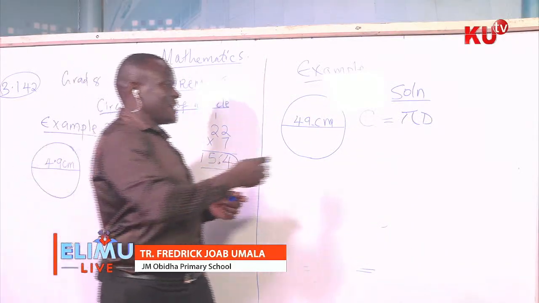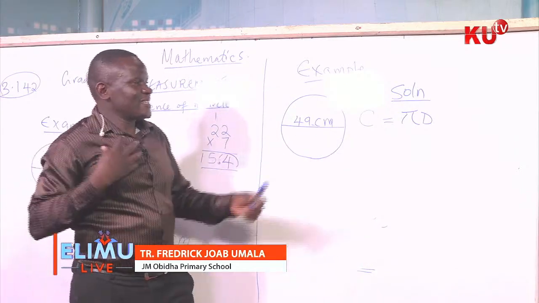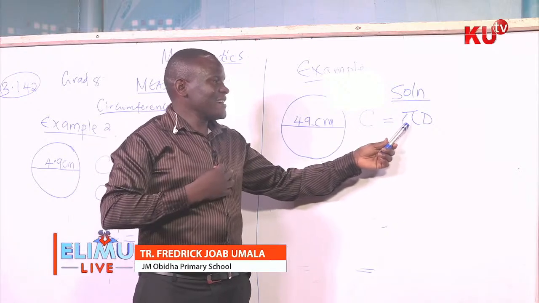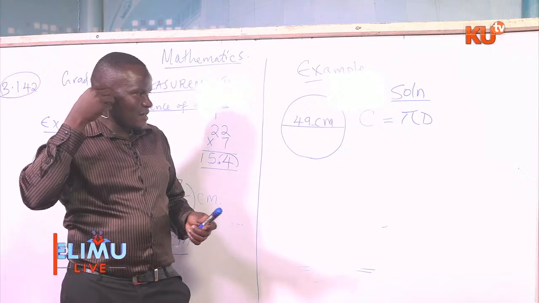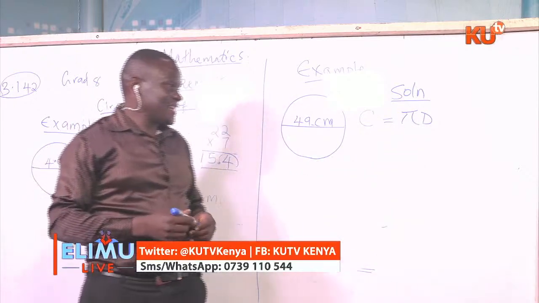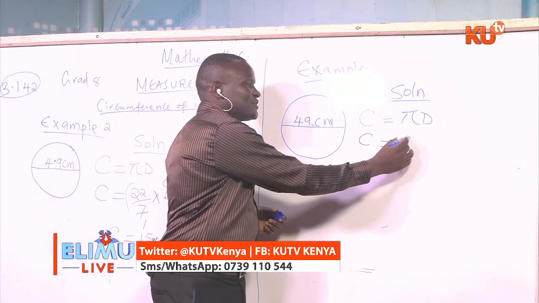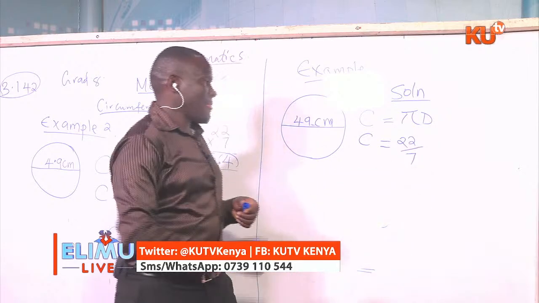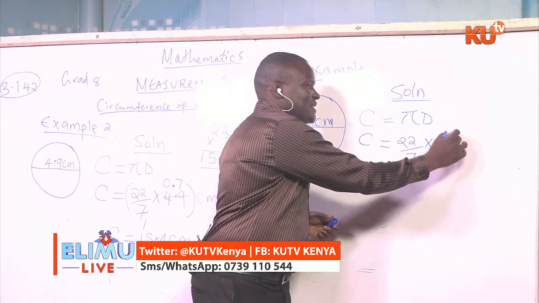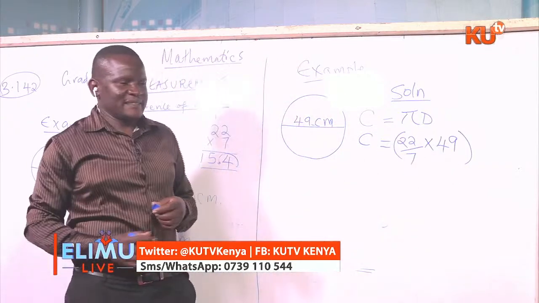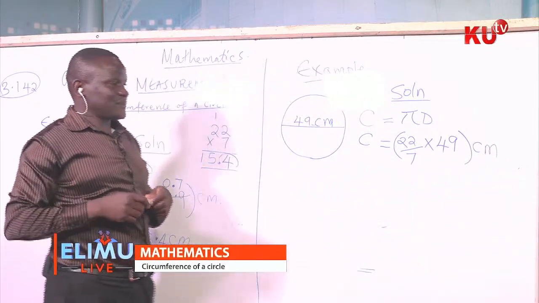C is our circumference, pi is 22/7, and d is the diameter. Therefore, circumference will be equals to 22/7 times our diameter, which is 49. The units is centimeters.